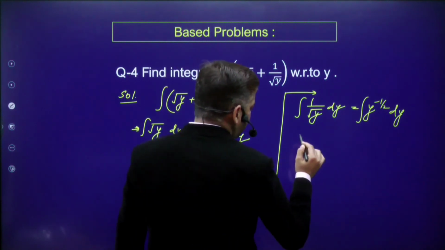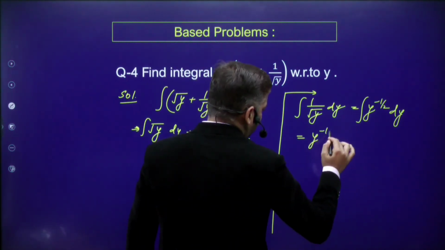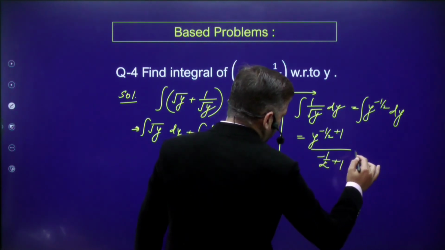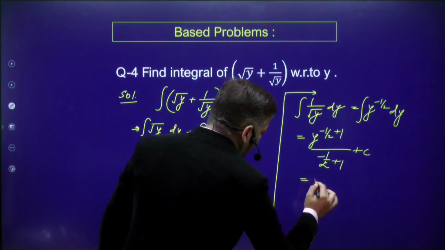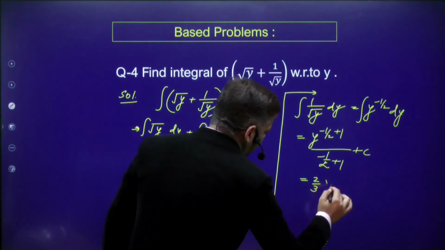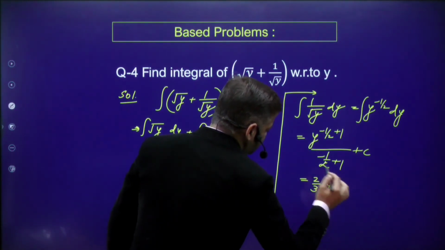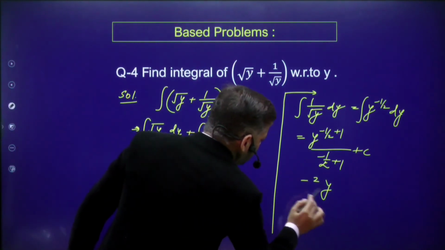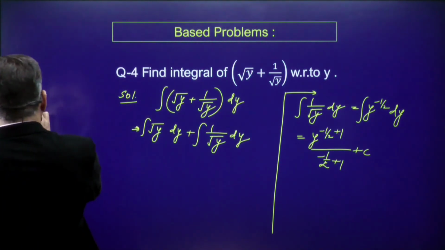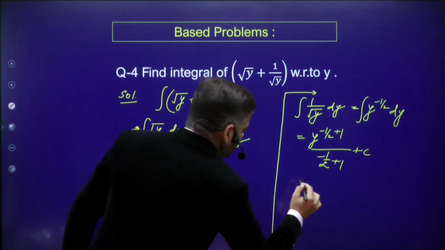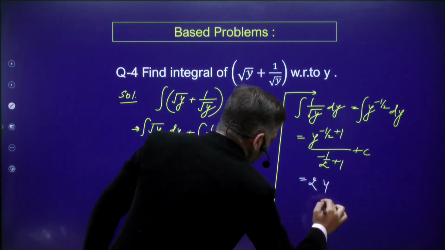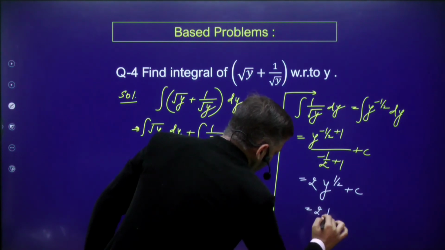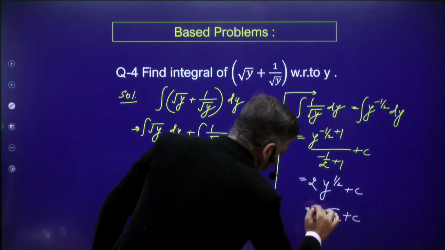Now y raised to the power minus half dy can be written as y raised to the power (minus 1 by 2 plus 1) over (minus 1 by 2 plus 1), plus c. So finally it will be 2 y raised to the power half plus c, or we can write 2 root y plus c.